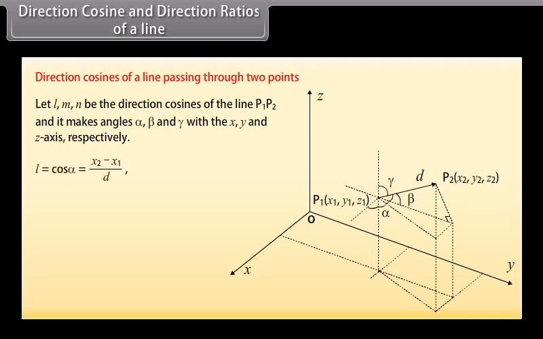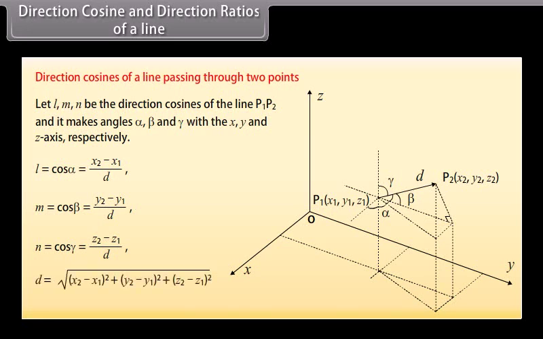The direction cosines are given as L equals cos alpha equals (x2 minus x1) by d, M equals cos beta equals (y2 minus y1) by d, N equals cos gamma equals (z2 minus z1) by d. d equals square root of (x2 minus x1) square plus (y2 minus y1) square plus (z2 minus z1) square.